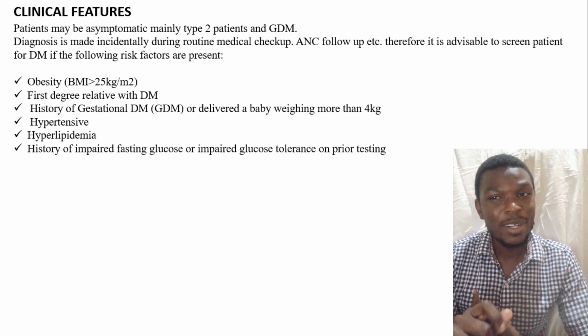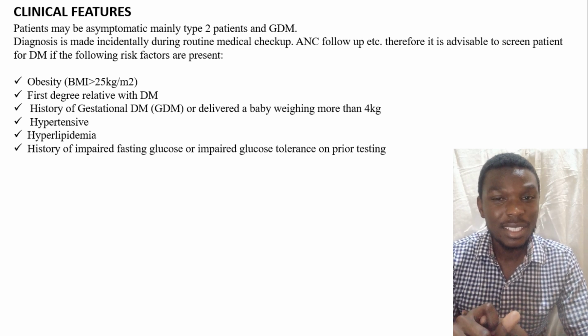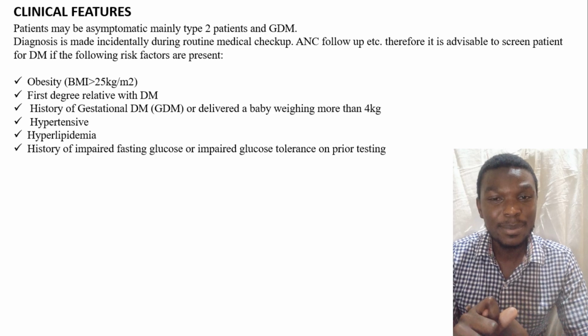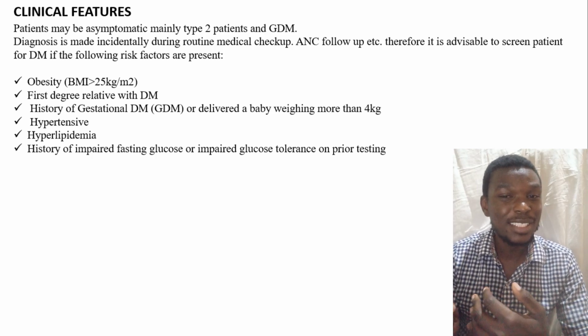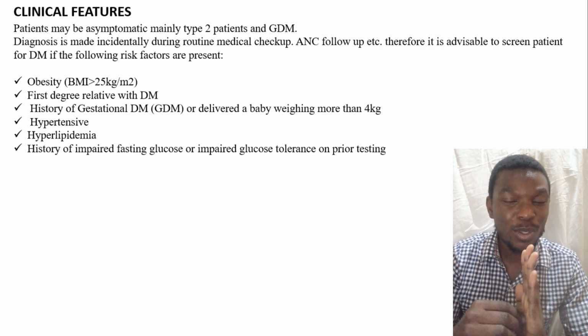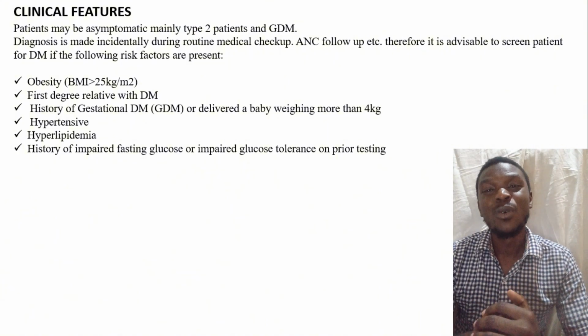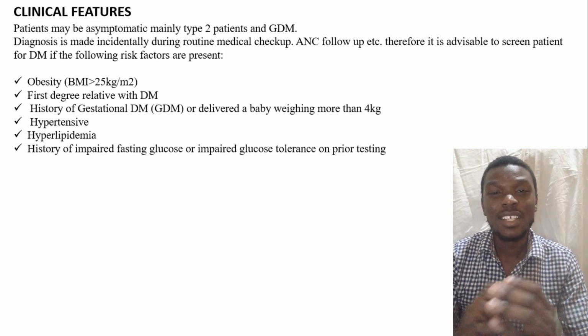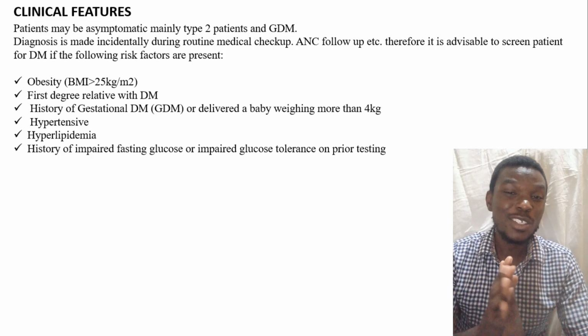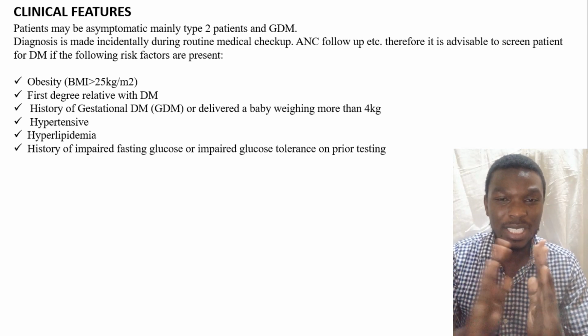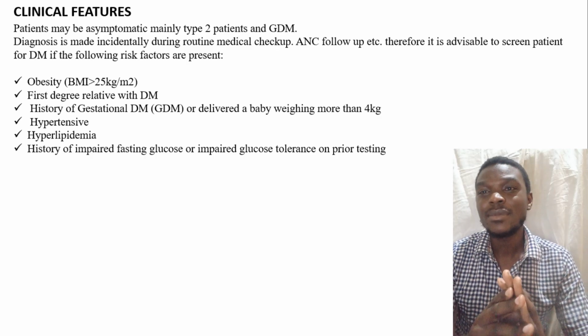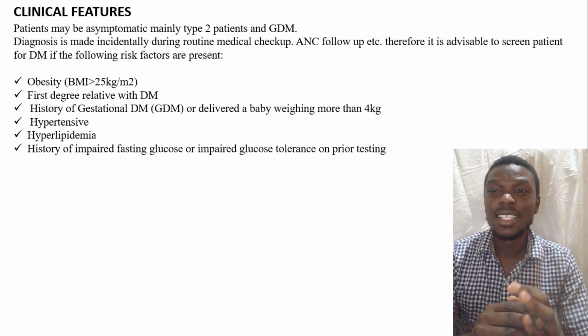Remember, hyperlipidemia is very high lipids in the bloodstream. So as a result, they will block the keyhole and the key will fail to work. That's where the resistance to insulin comes about. So you picture it in that way.